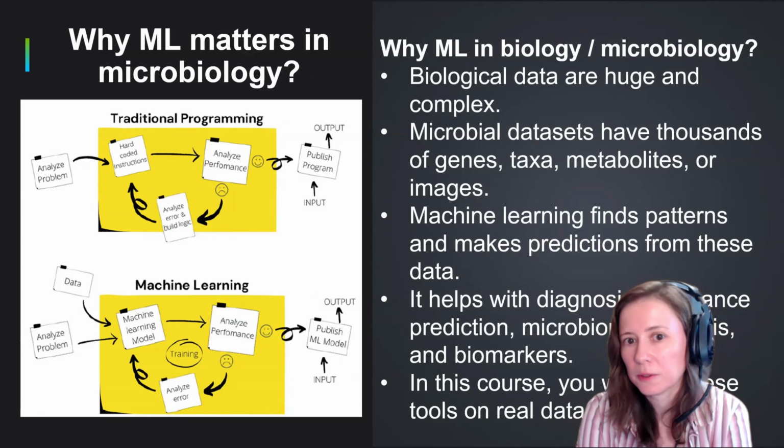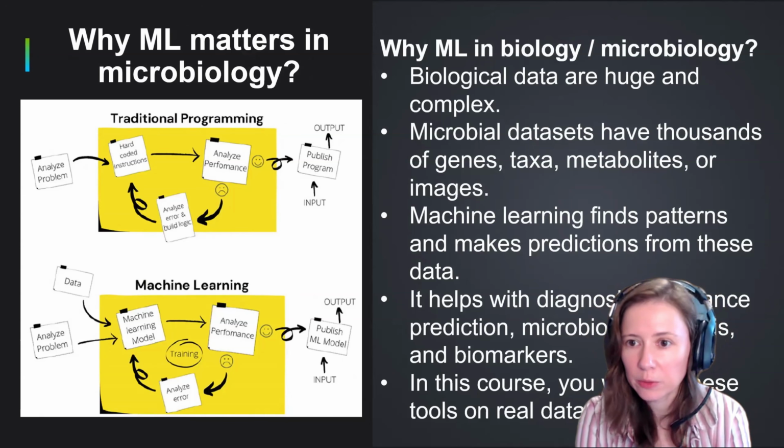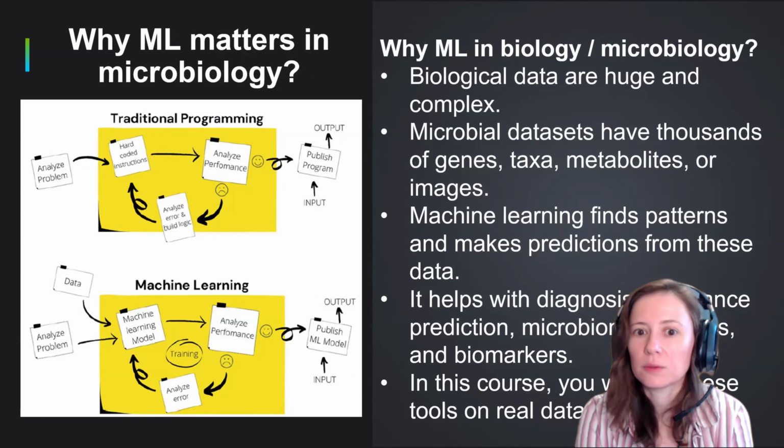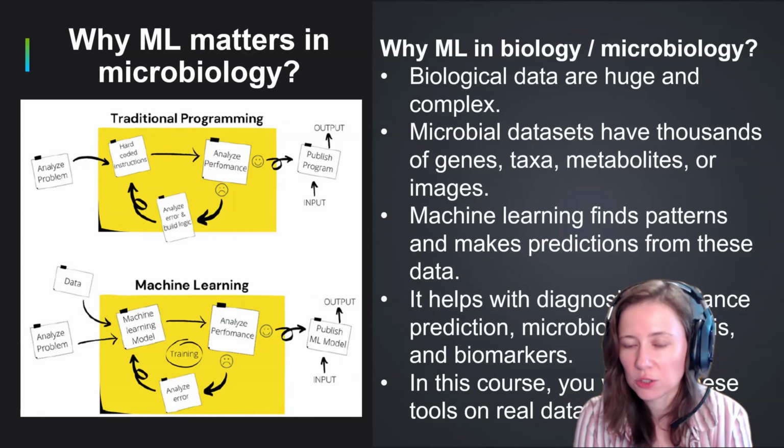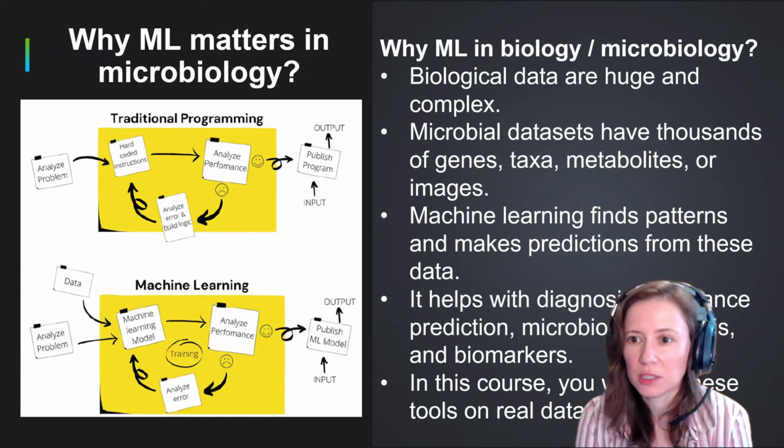One example is gut microbiome studies, where people can extract microbiome compositions, gene expression levels, taxonomic information on the microbes present in the gut, the metabolites that they are producing, or even imaging data.